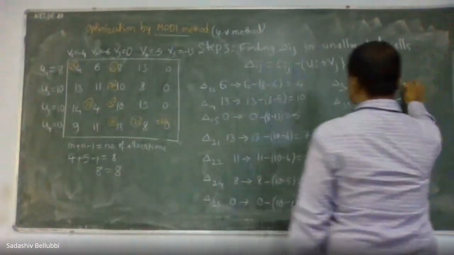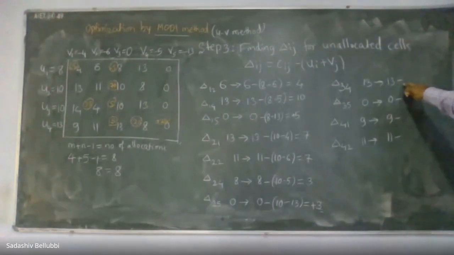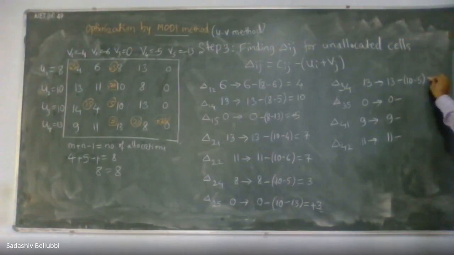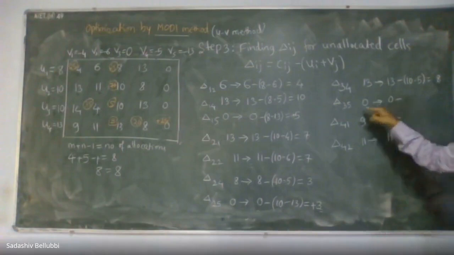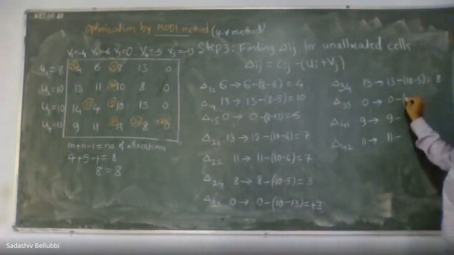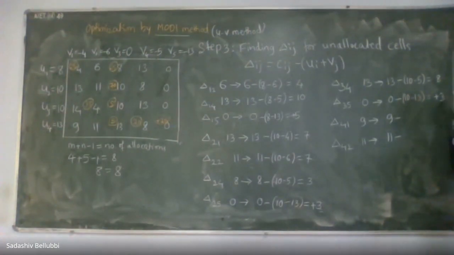Okay, next one here, delta 3,4. 10 minus 5 is 5, so 8 minus 5 gives plus 3. Delta 3,5. 10 minus 13, again it is plus 3.